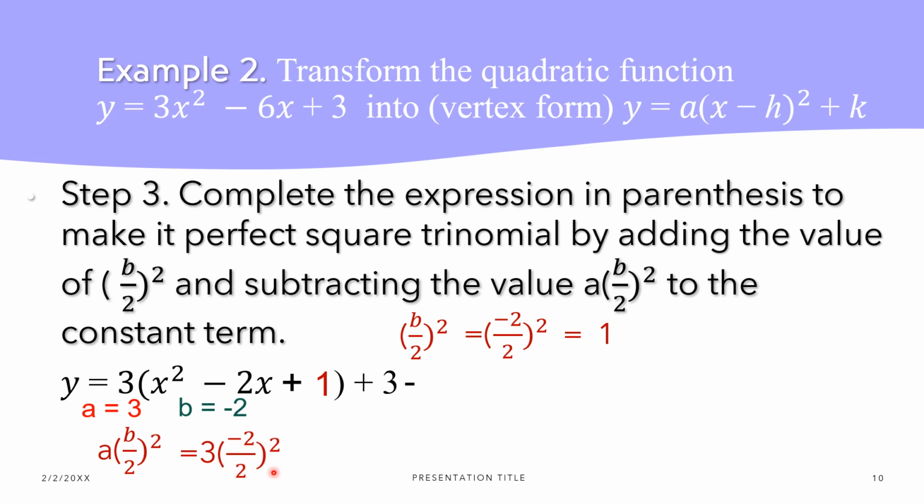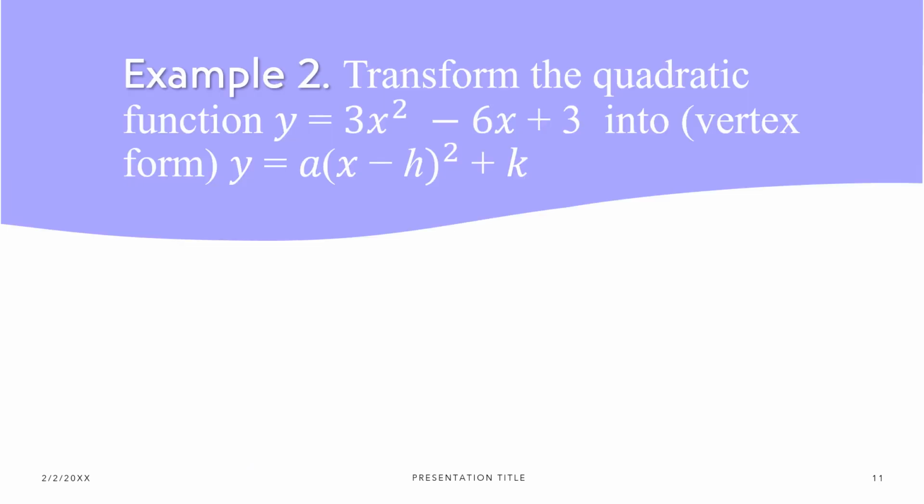So, sundin na po natin yung PEMDAS. So, we have 3 times 1. Kasi po, the square of negative 2 over 2 is 1. So, lagay lang natin dito times 3 equals 3. Then, yan po ang i-minus natin. Then, follow tayo sa step 4.